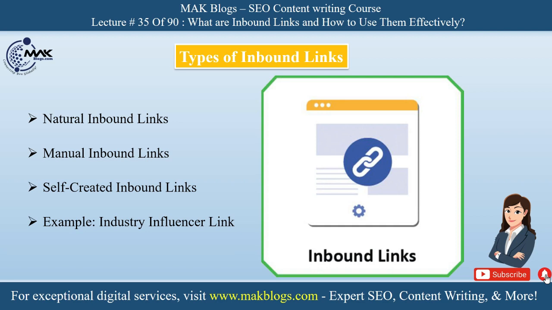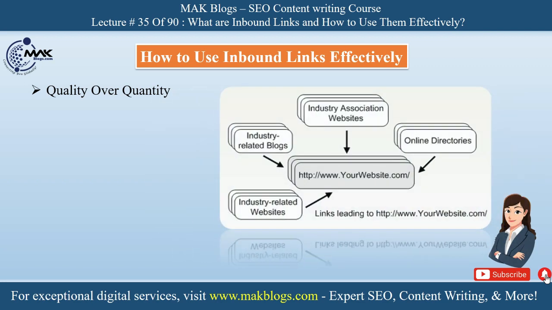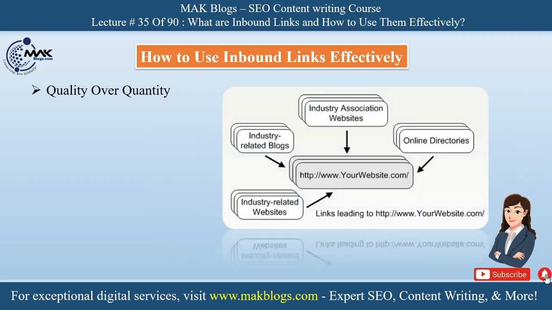Got it? Now let's discuss how to use inbound links effectively. Quality over quantity. Focus on acquiring high quality, relevant backlinks from authoritative websites. Relevance. Ensure that the inbound links are contextually relevant to the content they link to.